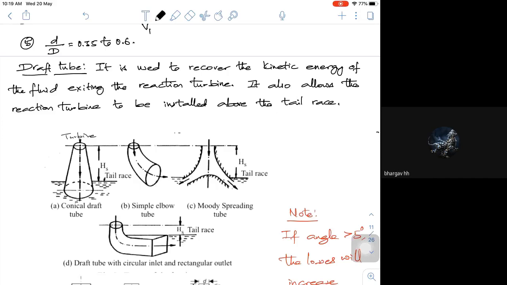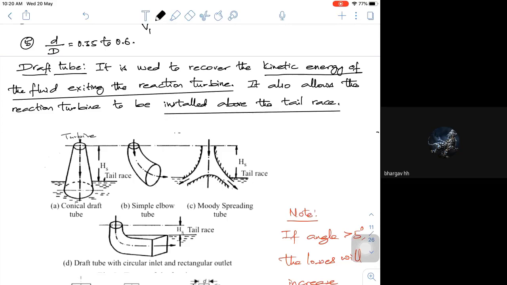Look at this. First, it has to recover the kinetic energy of the fluid exiting the turbine. The second purpose is the installation of the reaction turbine above the tail race. So it serves two purposes.